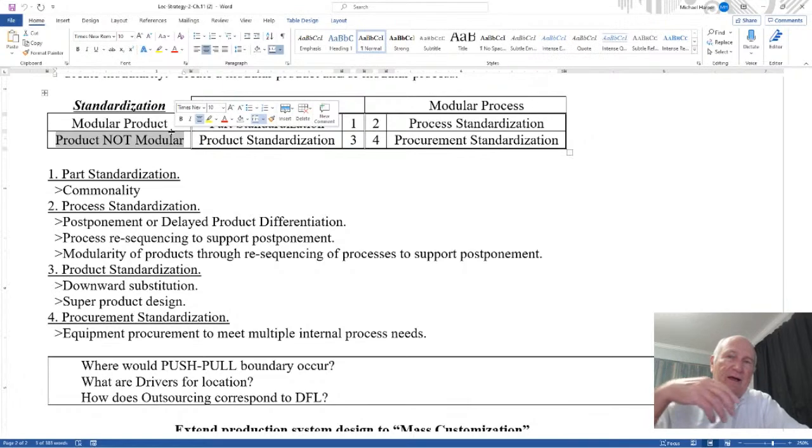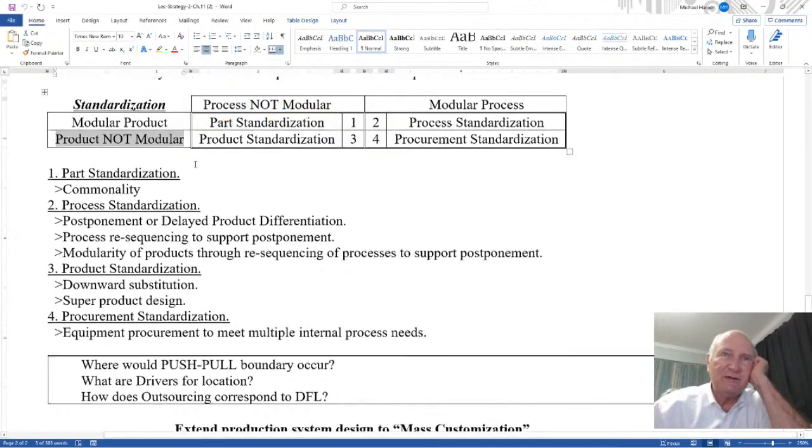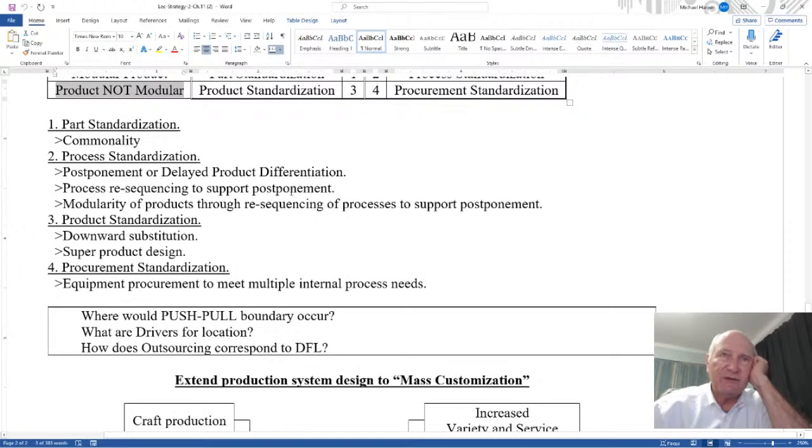So when they opened back up, that cycle time went from like 2 or 3 weeks to like 2 or 3 hours, and they could satisfy all the customized type product designs for all the different clients. And so they practice procurement standardization quite effectively.